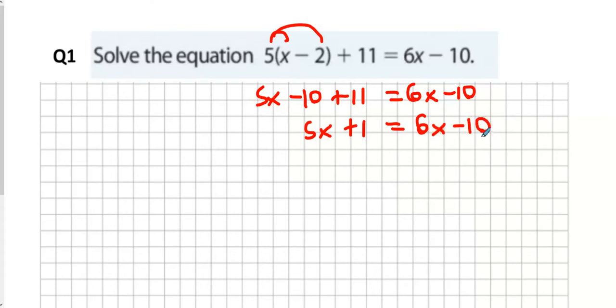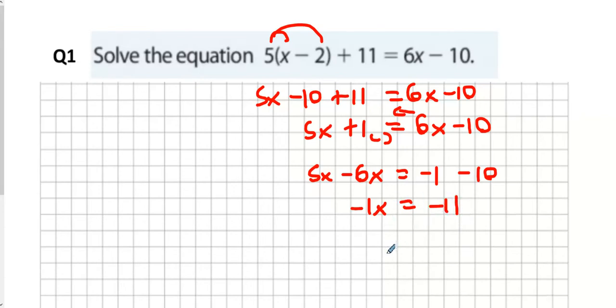We're going to bring anything that has an x to the left and anything that doesn't to the right. When it crosses the equal sign, the 6x turns from a positive 6x into a minus 6x. The plus 1 turns into a minus 1. And we're going to get minus 1x equals minus 11. We're going to multiply both sides by minus, and we simply get x equals 11.